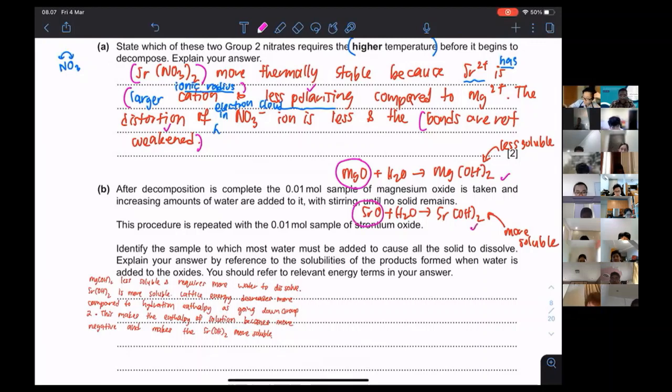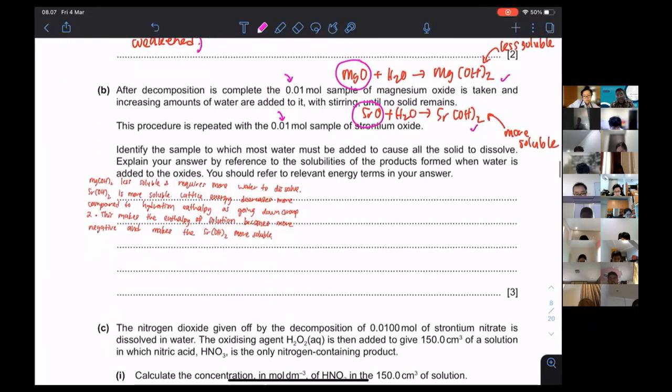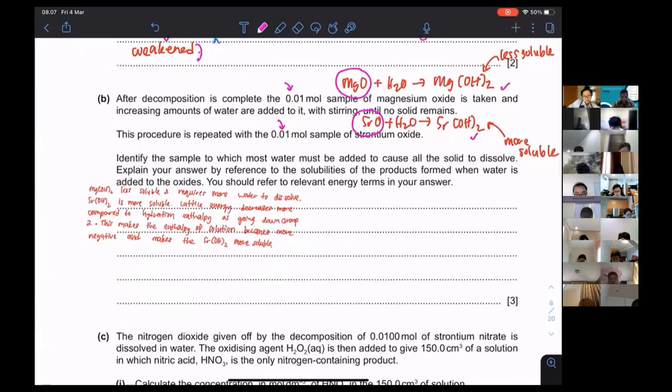We talk about the 0.01 later. Talking about magnesium oxide and strontium oxide, we have learned about solubility. Going down the group, we have learned 2 types of solubility: hydroxide and sulfate.